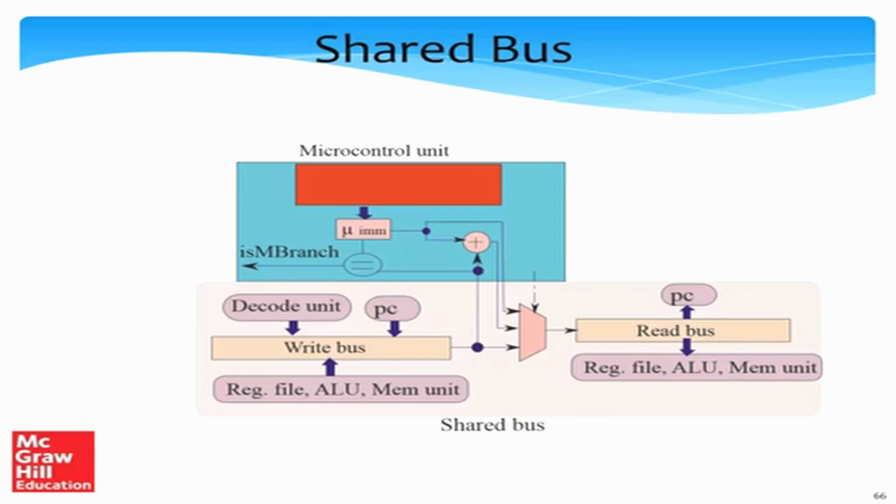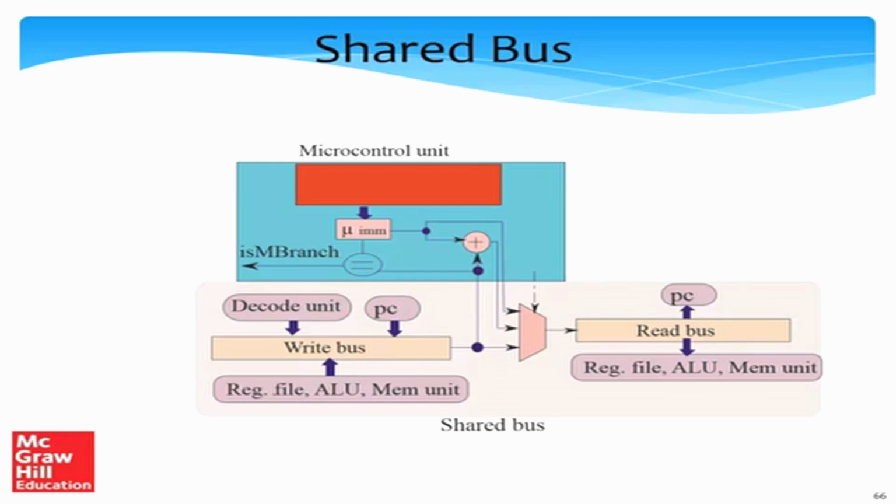So the way that we design the shared bus is that we actually have two buses, a write bus. A write bus is a set of copper wires where all the micro registers that can write to it are connected. So all the decode registers like IR and RS1, RS2, RD, and the PC register, are all connected to the write bus.